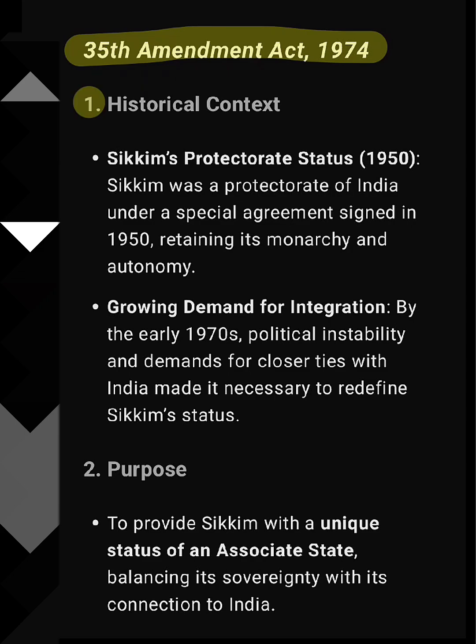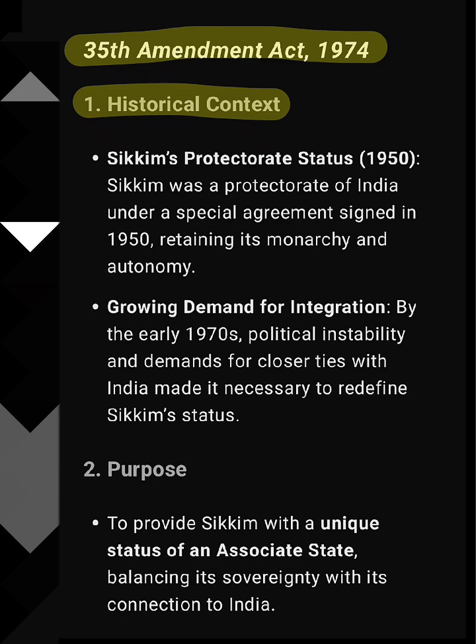So let's first talk about what was the historical context of this amendment. When India gained independence in 1947, Sikkim was a monarchy and it decided not to join Indian Union as a state or union territory.